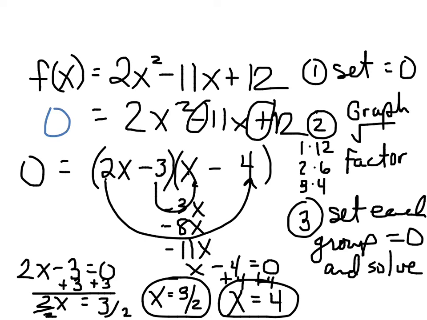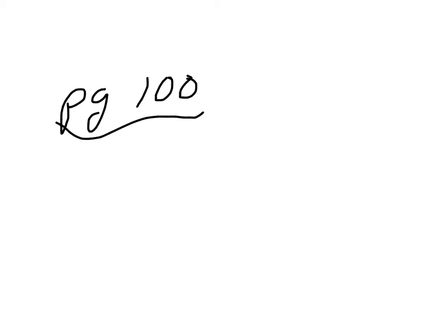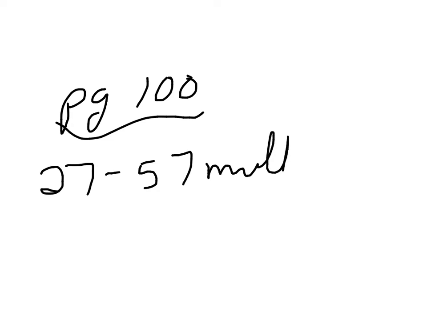So how do you guys think you're going to do? Okay. We're going to be okay? Yeah? Okay. So on page 100, problems 27 to 57, multiples of 3.